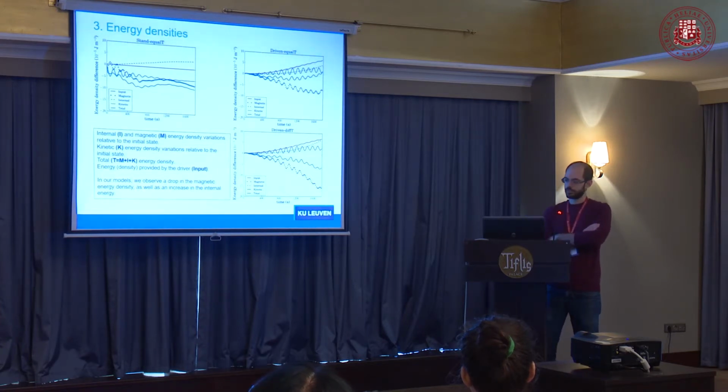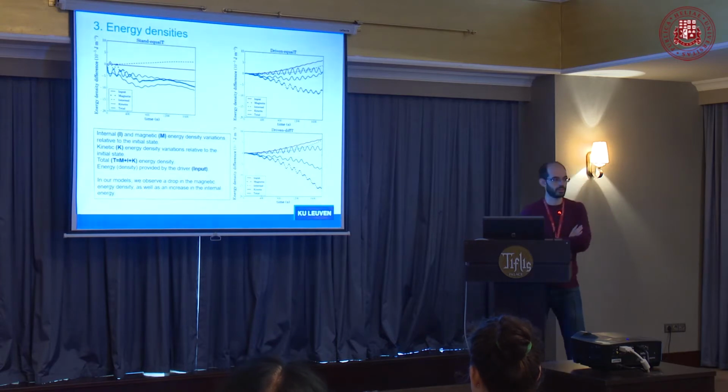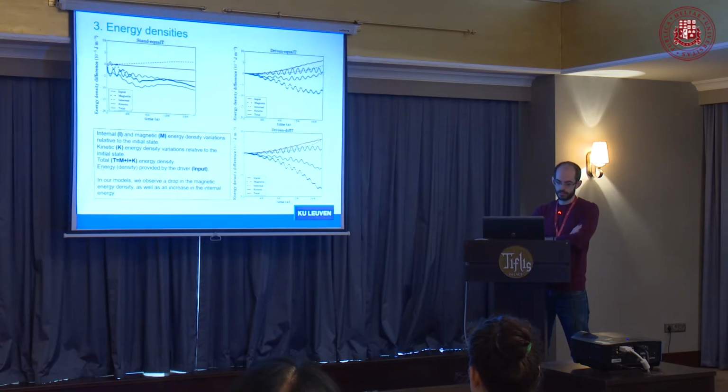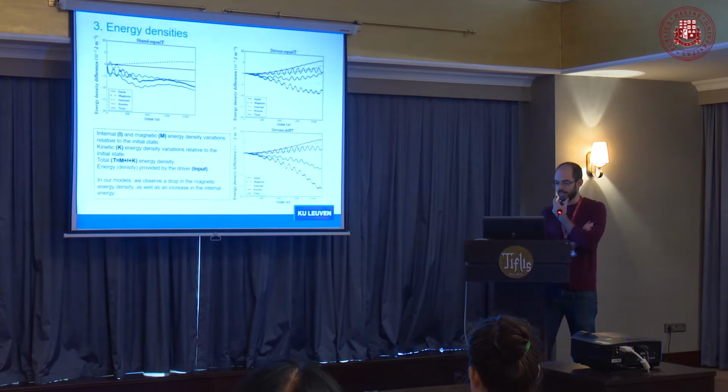So what we see, especially if we compare the driven equal T model and the driven diff T model, is that there is a strong connection between the magnetic field energy and the internal energy. What we see is that in the case of a temperature gradient, the magnetic field energy drops at a much higher rate, and at the same time the internal energy rises beyond what it did in the case of a uniform temperature.